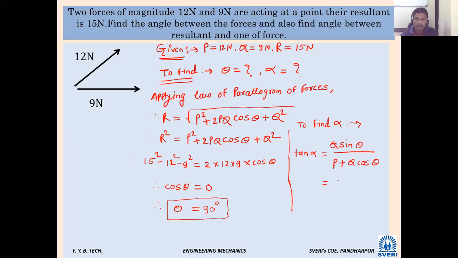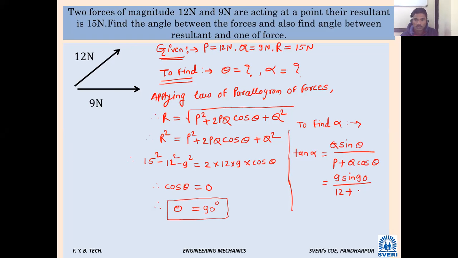Q is how much? 9. Sine 90 is 1, divided by P which is 12 plus, it will become 0.